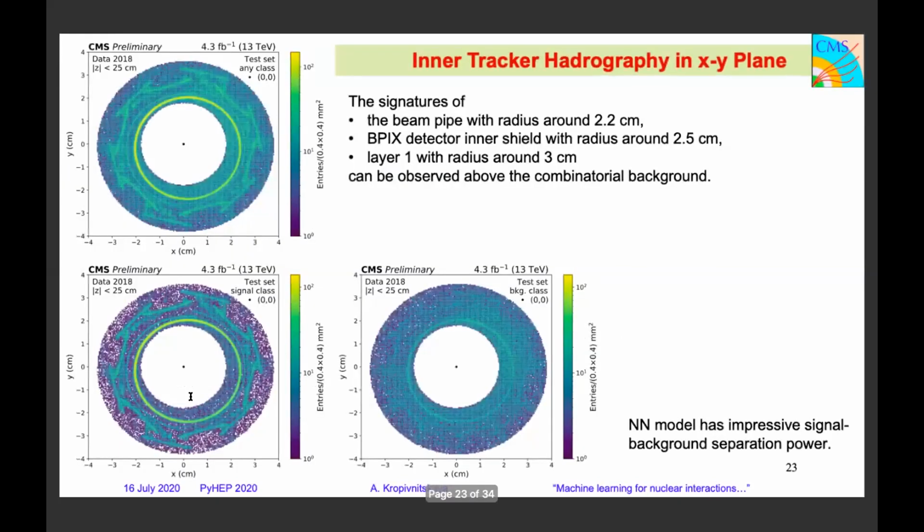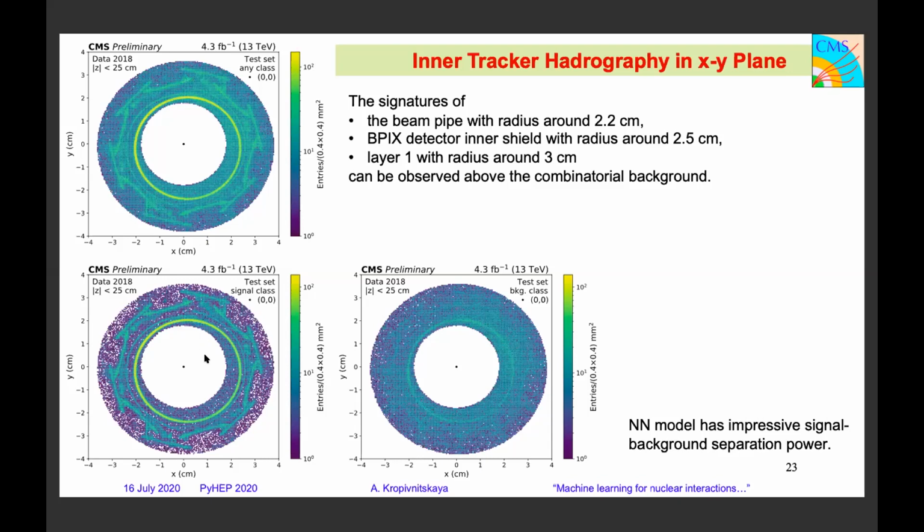Now we can also look at how our mapping of the detector in the XY plane changes. Here is a zoomed region around the beam pipe and the first pixel layer. The top plot corresponds to the data without any classification. You can see the beam pipe, inner shield, and layer 1.